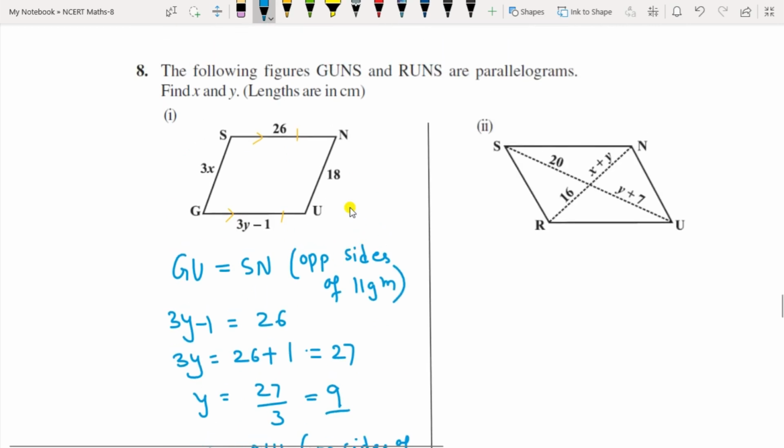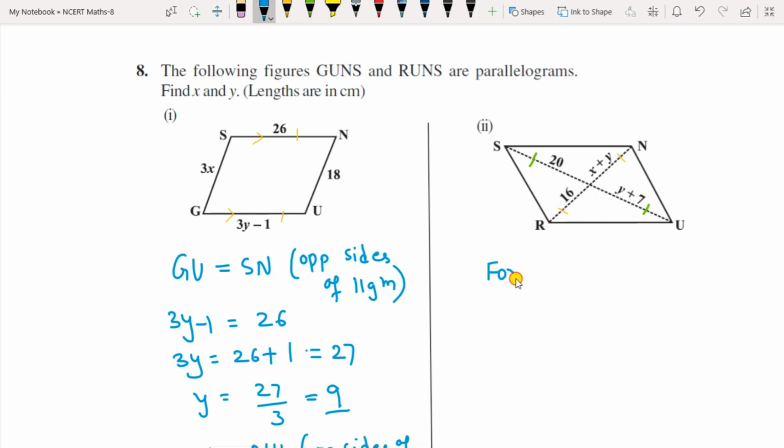Next question is here. The second one is RUNS. Here the diagonals have been given. So diagonals of a parallelogram bisect each other. That means this is the center point. So this length will be equal to this length here, and this will be equal to this length. Okay, so let us find the values.